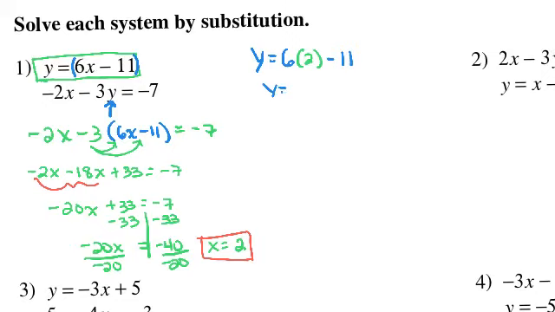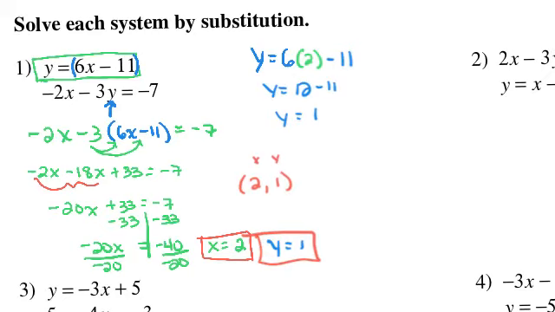And y is equal to 12 minus 11, so y is equal to 1. Therefore, the solution to our system where the two equations meet is (2, 1).